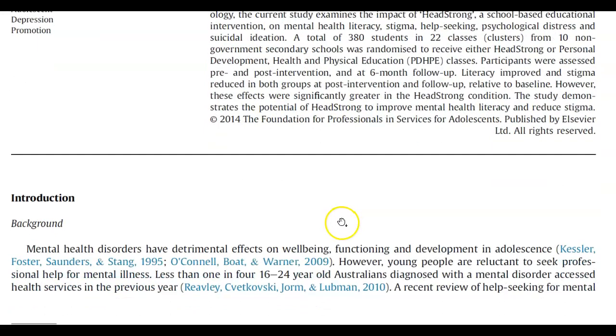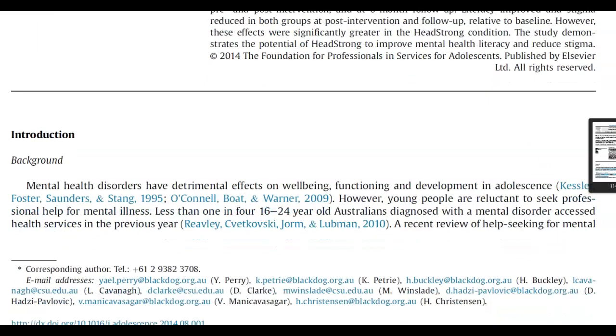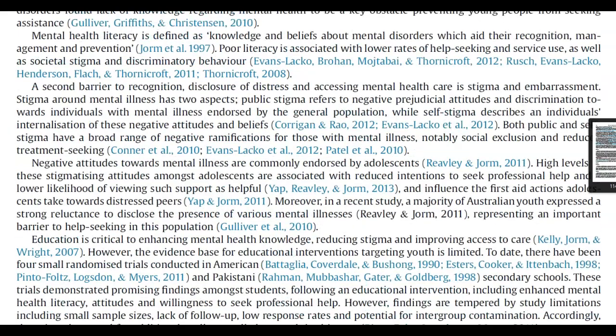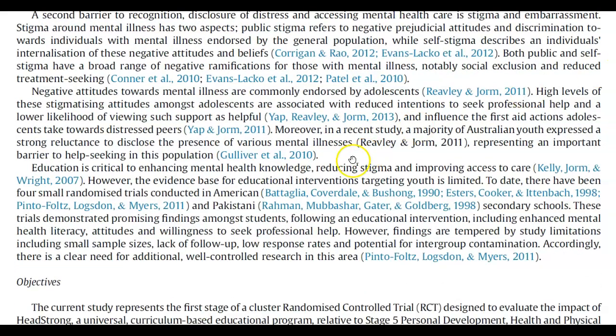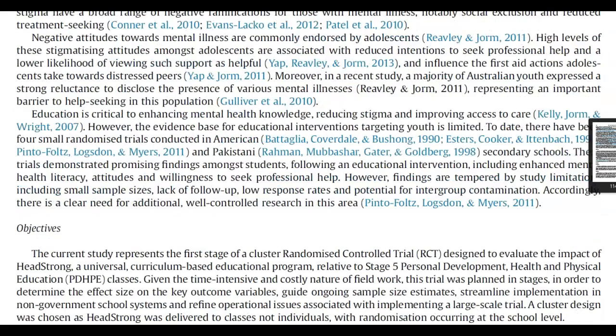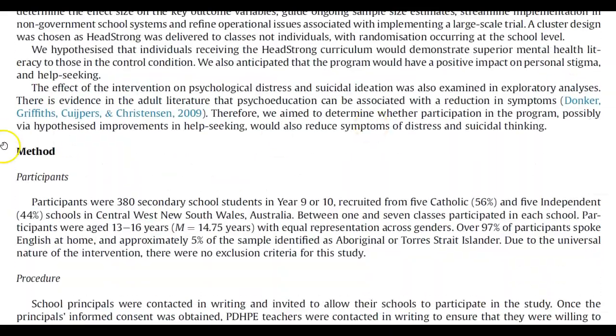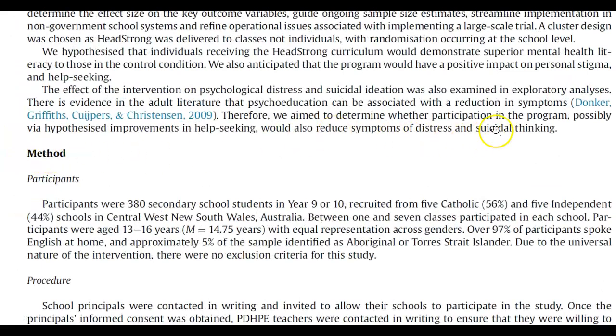So there's going to be an introductory section that will talk about the reasons why the study was done, so it's useful to get a handle on that. Once again, it's going to be dense, it's going to be difficult to get through, but it's still going to be written at a more general level than the main body of the article. The objectives too. Now, the actual experimental method may not be all that useful for you, and it's going to be fairly jargon heavy and math heavy.